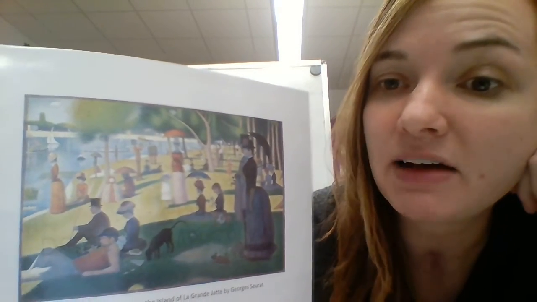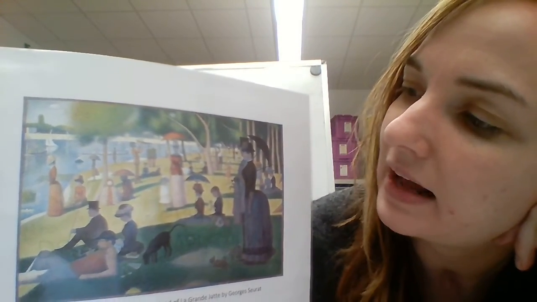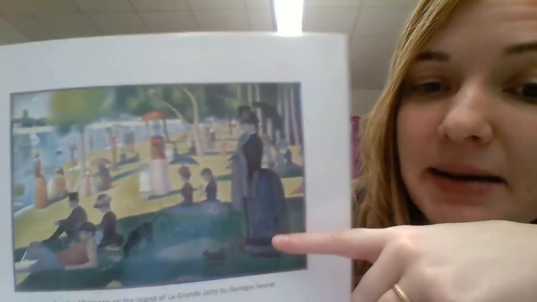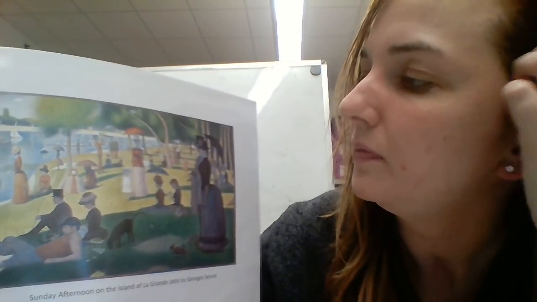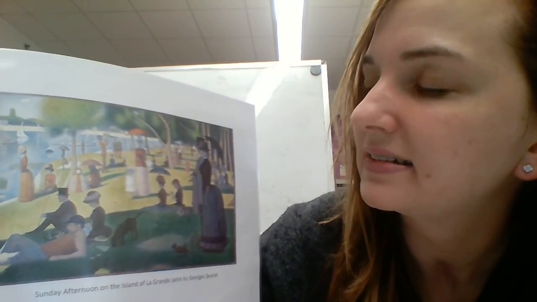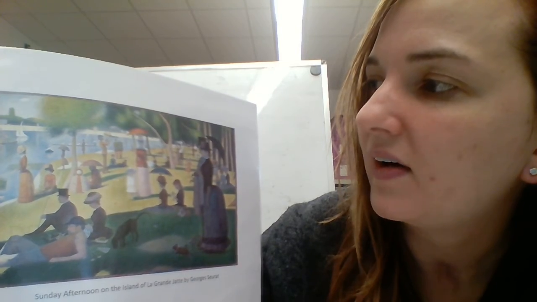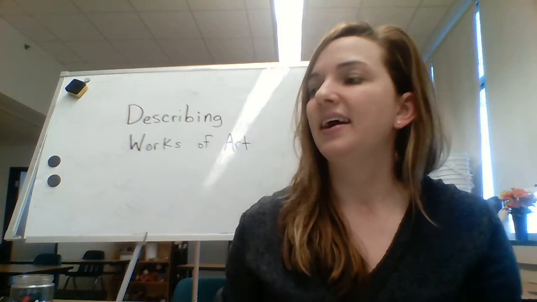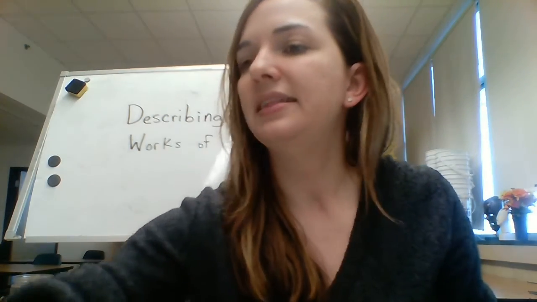This kind of reminds me of a park. It makes me think that I'm at a park. I see some dogs. I even see a monkey up here. See this monkey? I see a lot of people with umbrellas. Excellent. Awesome. So go ahead and write that down. All right. We're going to go on to the next one.